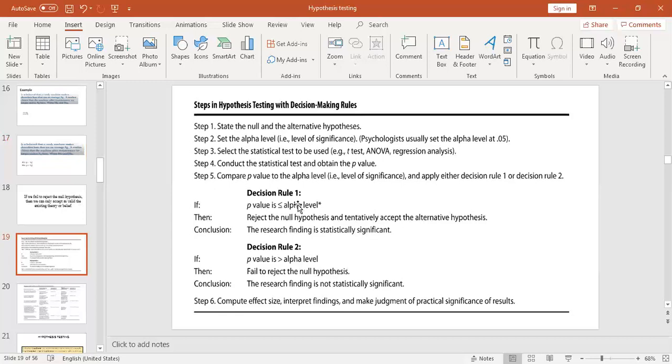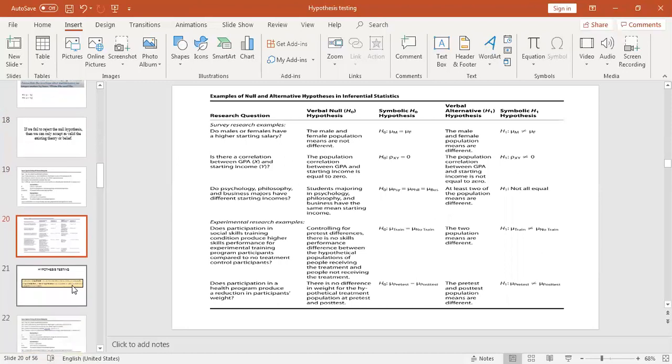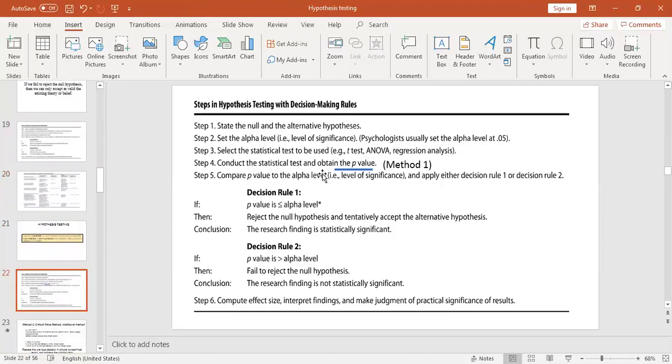If the p-value is less than or equal to 0.05, they reject the null hypothesis and accept the alternative hypothesis. If the p-value is greater than the alpha level, that means they have failed to reject the null hypothesis, which means they have accepted the null hypothesis.